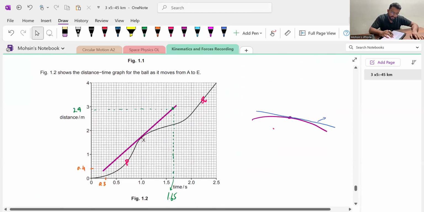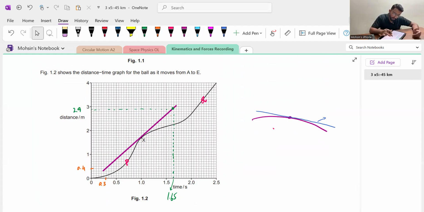And if you see the distance-time graph, where the gradient is more steep, the speed is more. You can see here when it is going from A to B till point X, it is steeper, so it is gaining more speed. Then the speed decreases and it increases again, but not that much because it is not that steep.